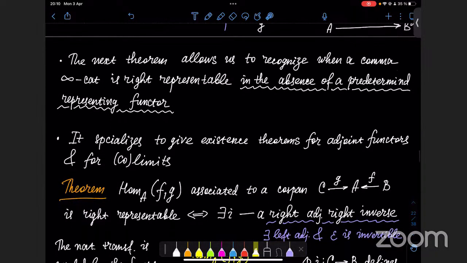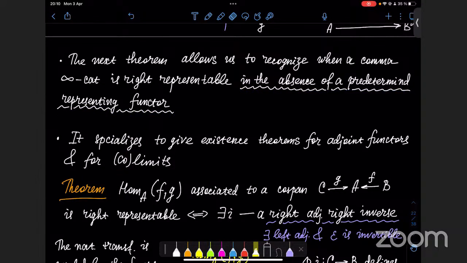So the next theorem allows us to recognize when a comma infinity category is right representable in the absence of a predetermined representative functor.